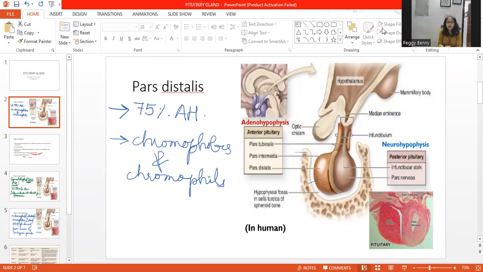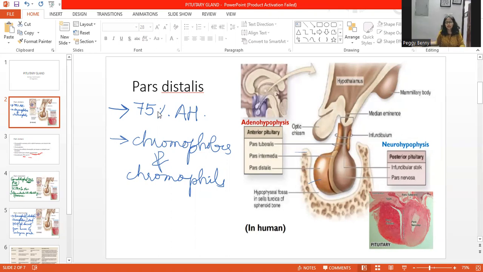First and foremost, let me remind you that the adenohypophysis, or the anterior pituitary, has three major parts: pars tuberalis, pars distalis, and pars intermedia. The part of the anterior pituitary which covers more than 50% of its area is nothing other than pars distalis.